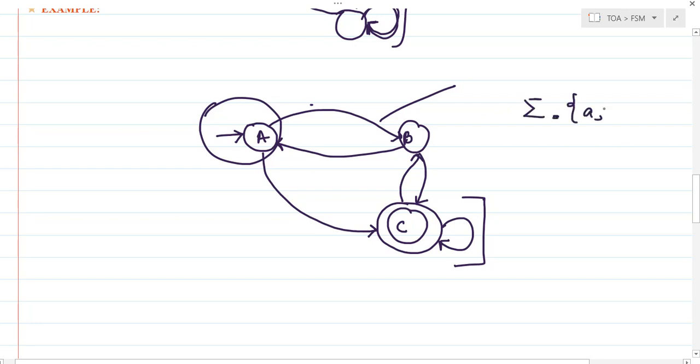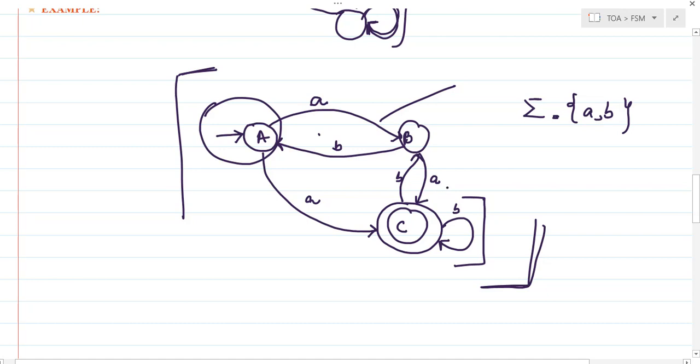For example, here we have symbols A and B. So over these edges we'll write A, B, A, B, A, B. For the time being, let's forget what these transitions are, what is meant by the arrow going from A to B. Let's just have a look at this diagram. Simply, this represents a particular machine. In our next video we'll analyze this graph and write down the 5 tuples that we already mentioned.